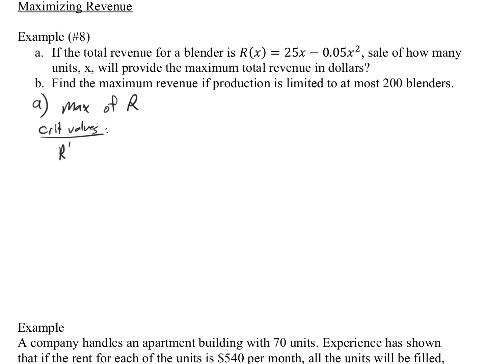We compute the first derivative, and then we set it equal to 0. So then negative 0.1x equals negative 25. That means x is going to have to be equal to 250.